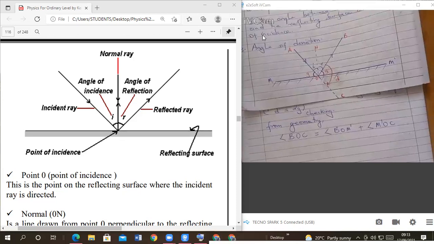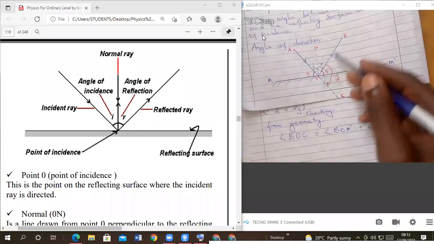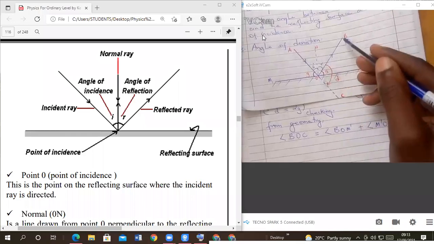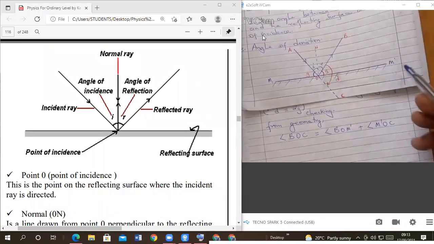Members, have you seen that? To get all of this angle, we add angle BOM prime and angle M prime OC.